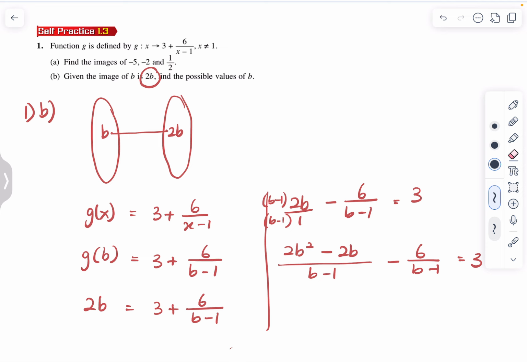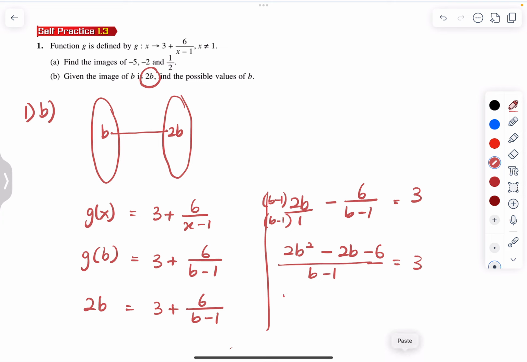Since these two share the same denominator, we can rewrite it by putting -6 here, sharing the same denominator. The 3 we can rewrite here.